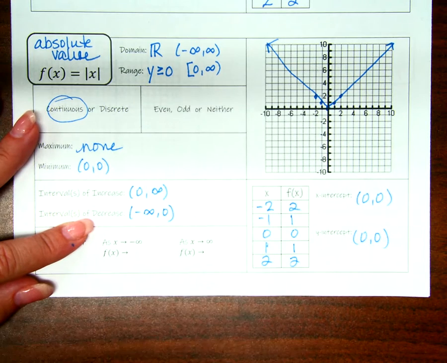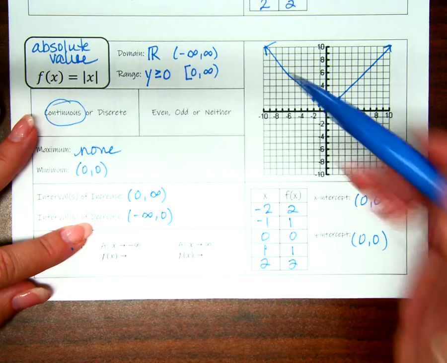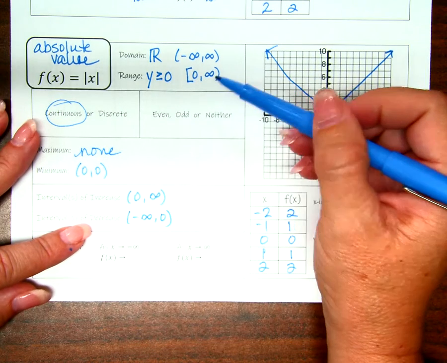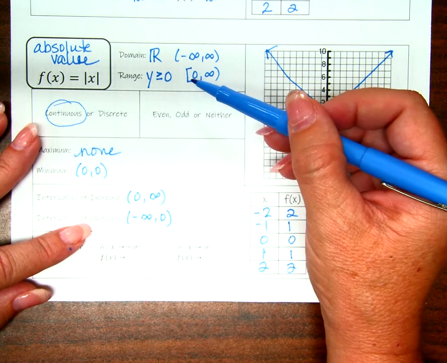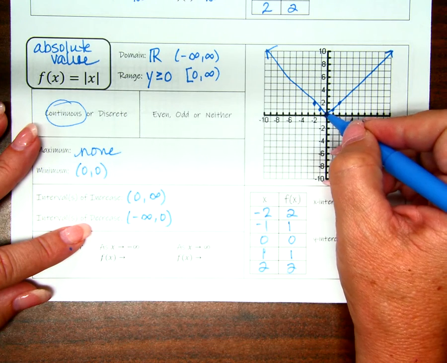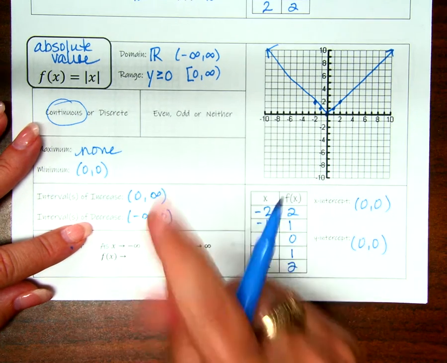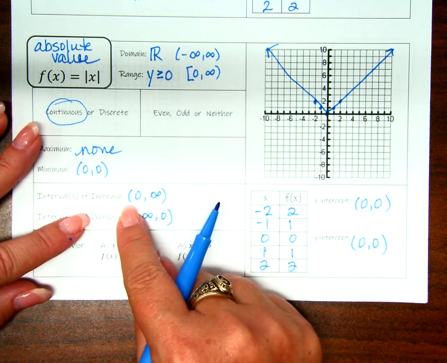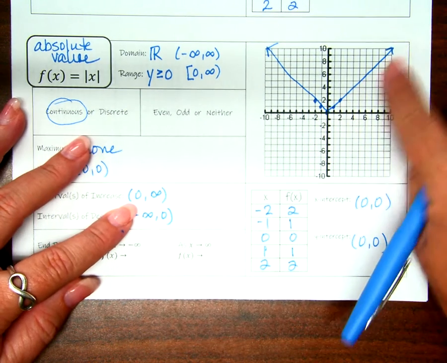So here's what we need to talk about real quick before we go on. We said that the range was 0 to infinity. And I have a bracket on my range because that point 0 is included as part of my range, right? Why do I have a parenthesis when I'm talking about this in my domain, 0 to infinity?